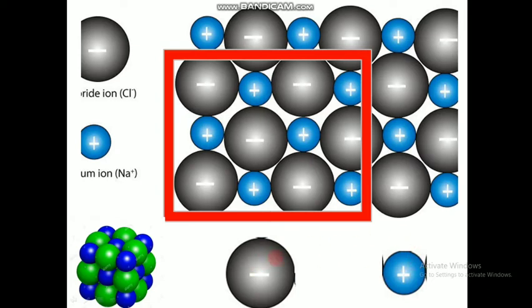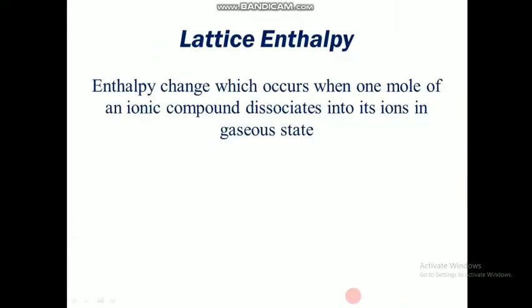That particular energy is known as lattice enthalpy or lattice energy. So the energy needed to dissociate these ions from 1 mole of lattice is known as lattice enthalpy. It is the enthalpy change which occurs when 1 mole of an ionic compound dissociates into its ions in the gaseous state.